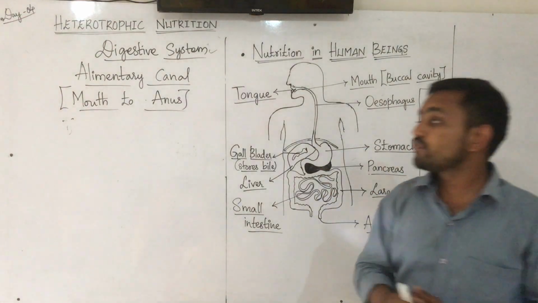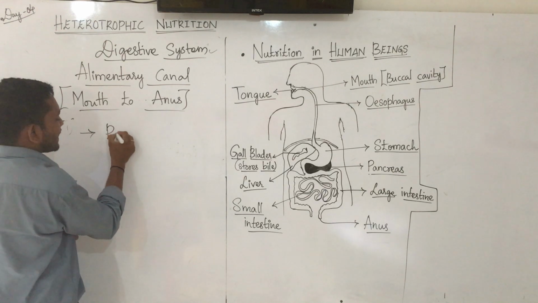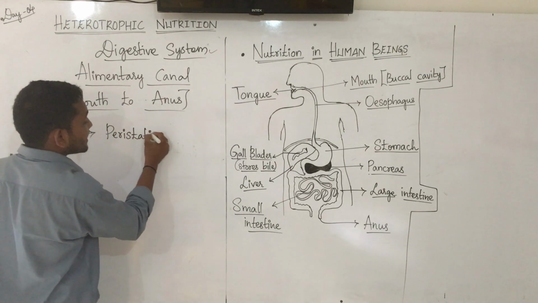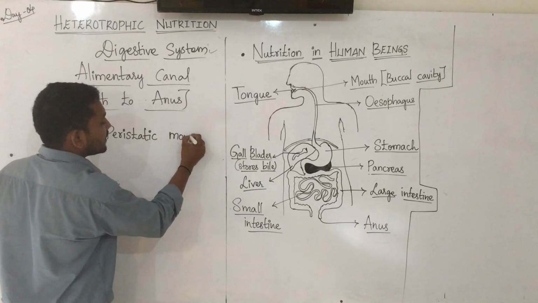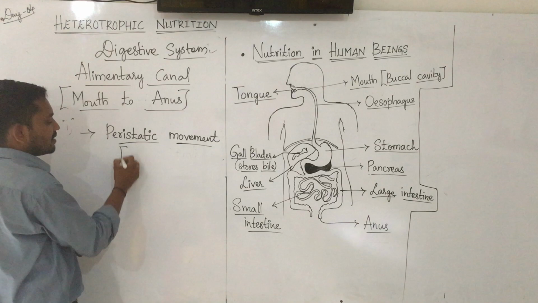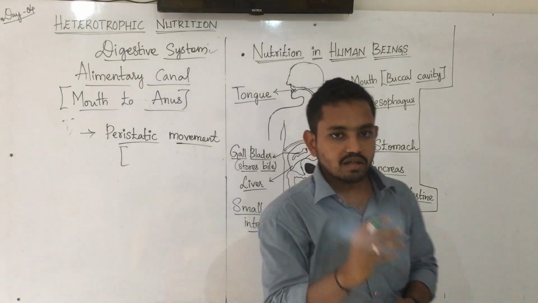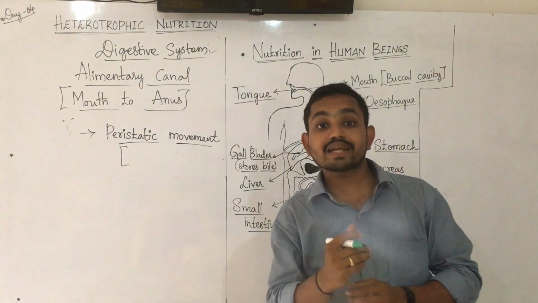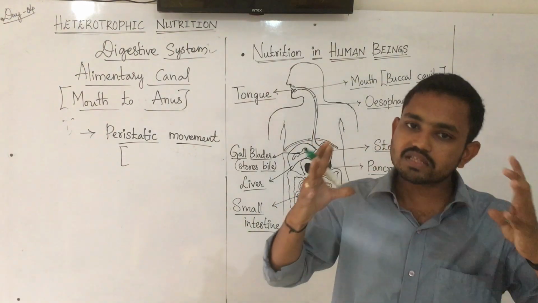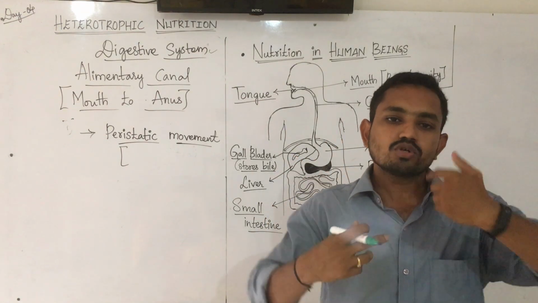In the esophagus one movement takes place, that is the peristaltic movement. It means there are muscles, and a contraction and relaxation process takes place, so that with the help of the muscles the food can easily move from the mouth towards the stomach.